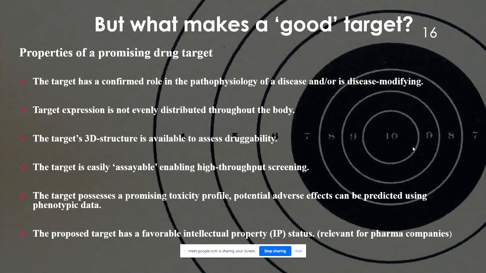But you have to confirm and validate the data using wet lab experiments. So until you purify that protein and perform all the experiments you need to do, you can't use that protein as a target that is assayable.